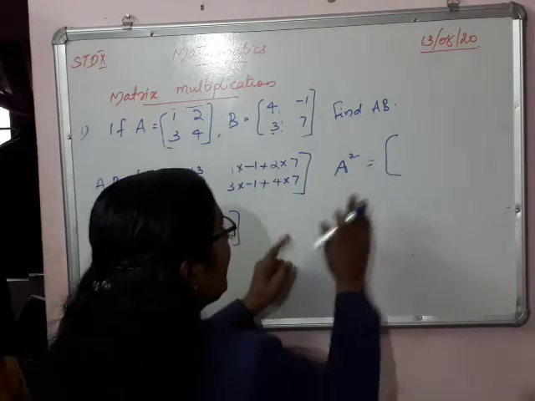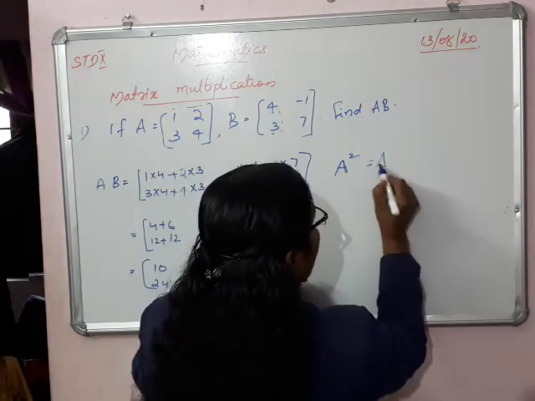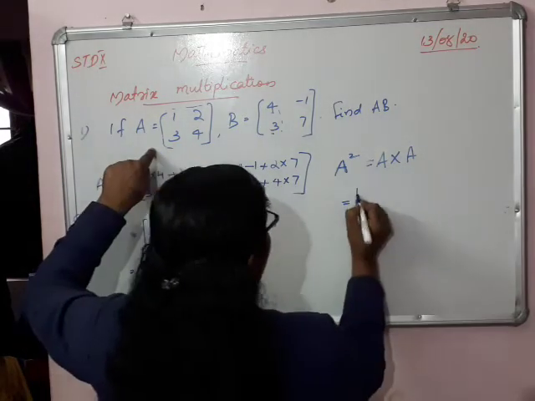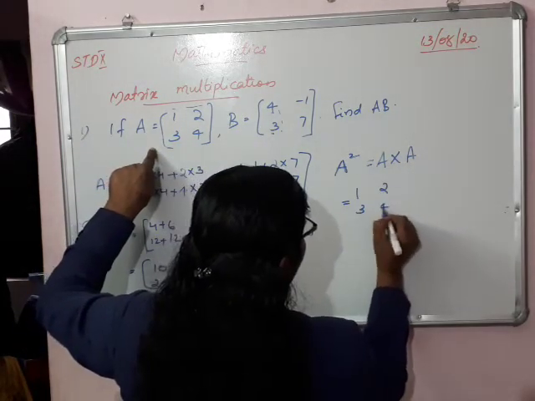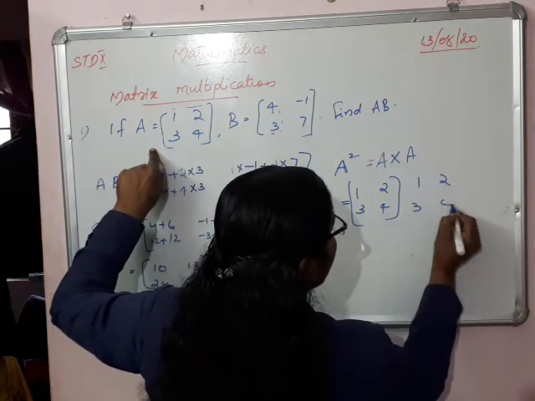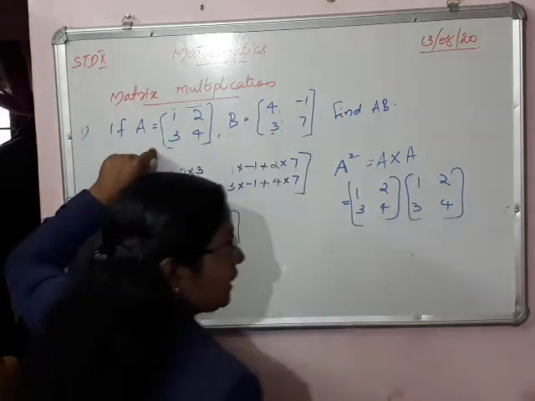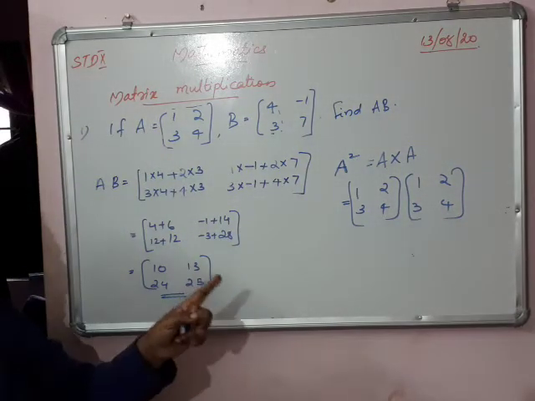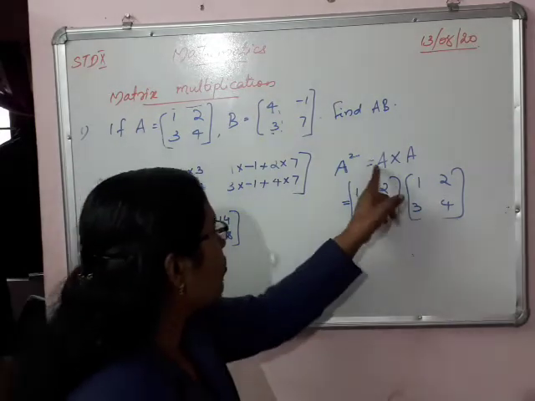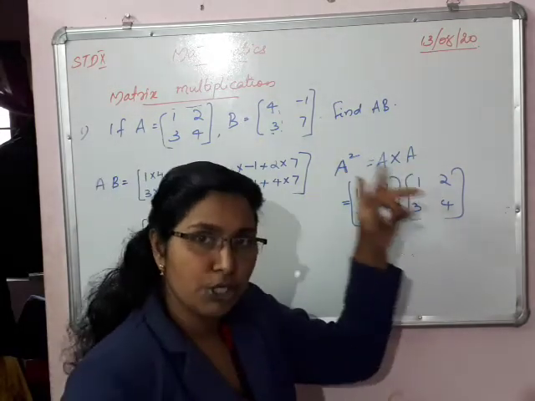A square means A into A. That is the meaning. So you write 1, 2, 3, 4 into, once again, 1, 2, 3, 4. That is the correct method. Don't write 1 square, 2 square, 3 square, 4 square. That is wrong. So A square means A into A, B square means B into B.